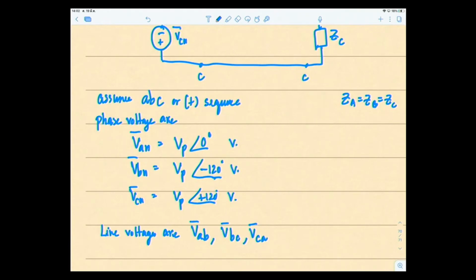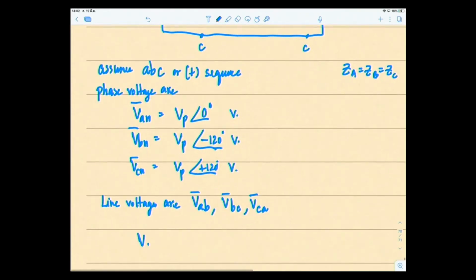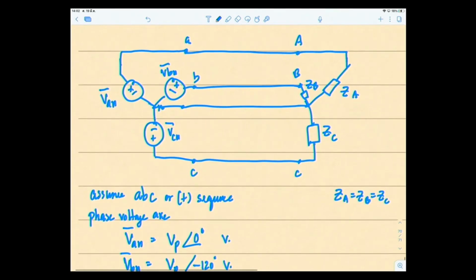Using KVL, VAB, as I always tell my students, means that you're walking from point A to point B. Point A is right here and point B is right here.